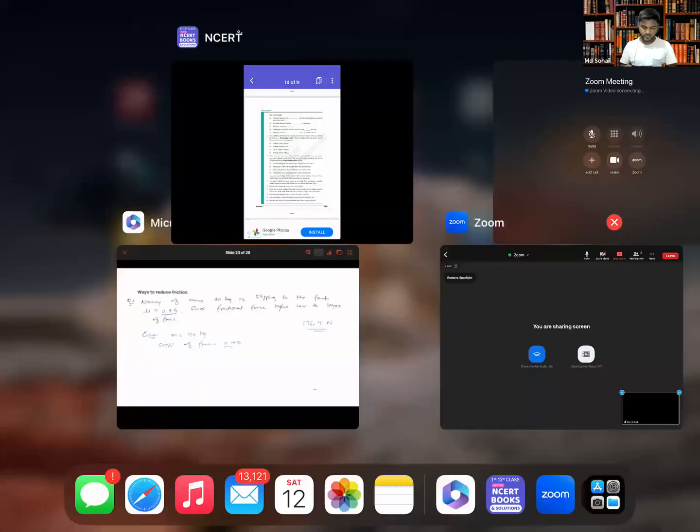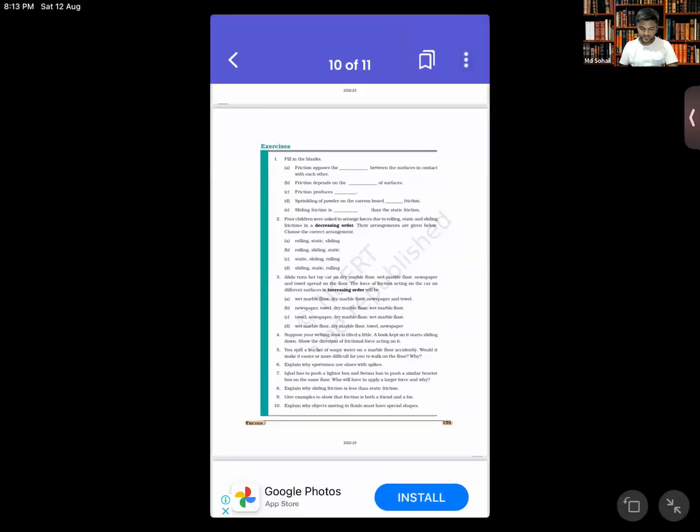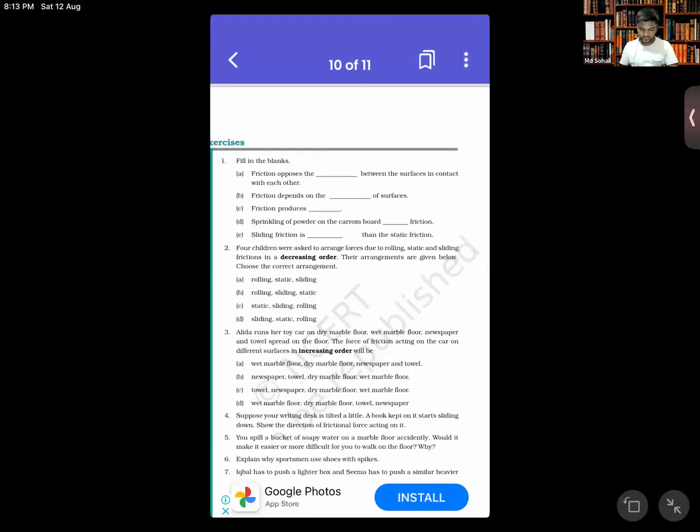Let me open the PDF on my phone, on the device I'm connecting here. Okay, can you guys see my screen? Yes, sir.